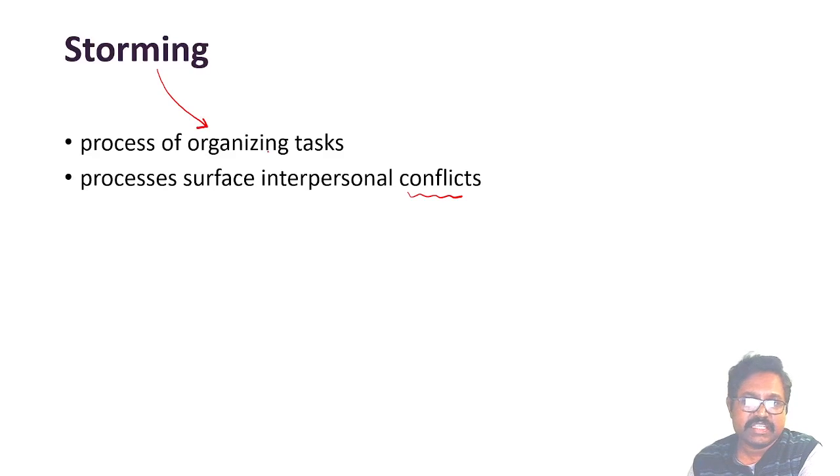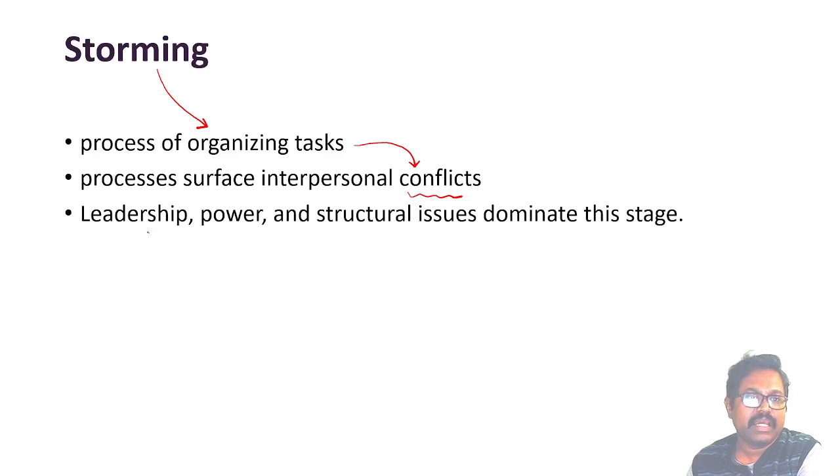It is the initial stage of organizing the task, and while organizing the task within the group to achieve the common objective that has been set, there will be interpersonal conflicts, and leadership power and structural issues dominate.